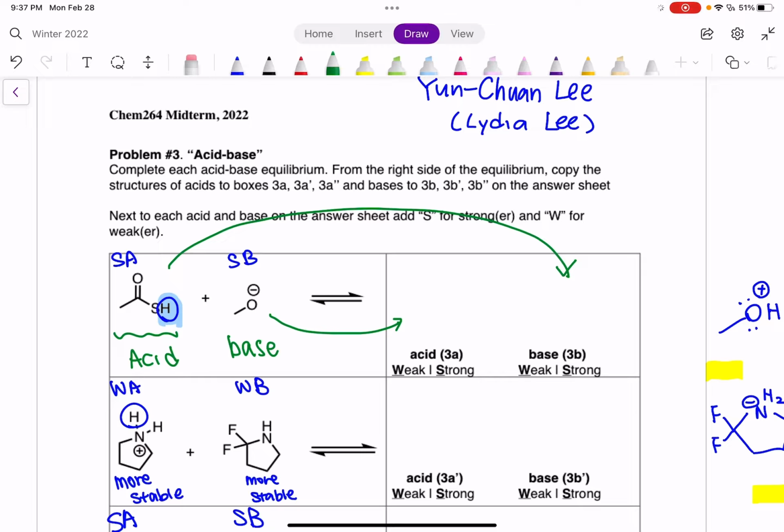So we just need to take out, add and, okay, there's no this one. So basically here we have this as an acid, and for the base we will have the one without the proton.